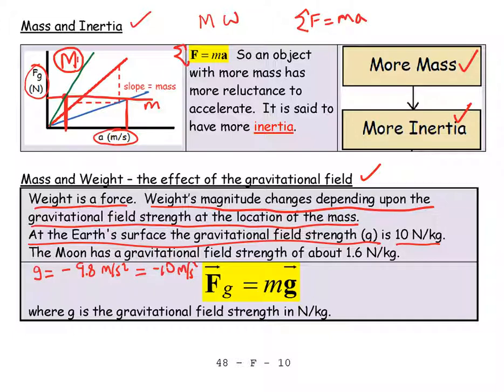Minus because you're pointing downwards, etc. In fact, g is better described as the gravitational field strength, and it is 9.8 newtons for every kilogram. And if you're like me, you round it to 10 newtons for every kilogram.